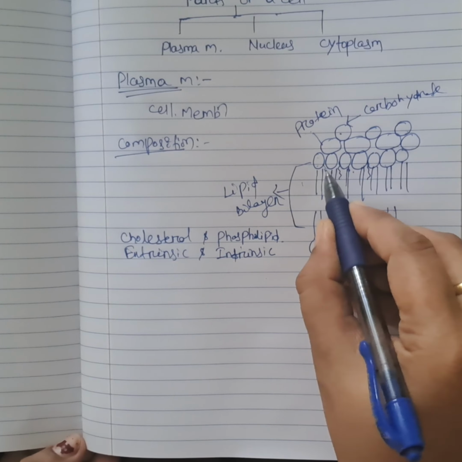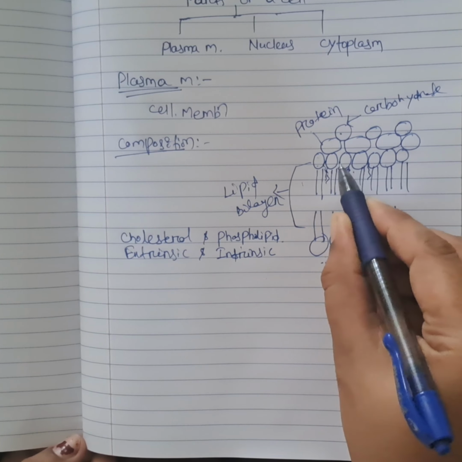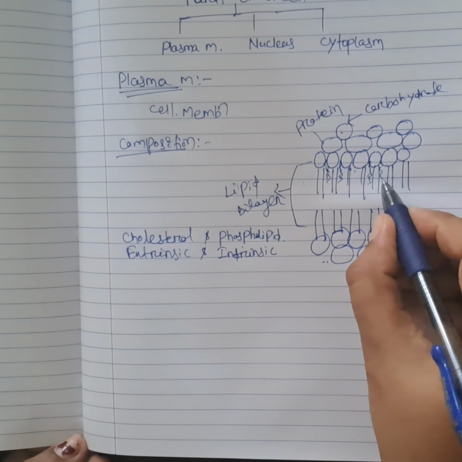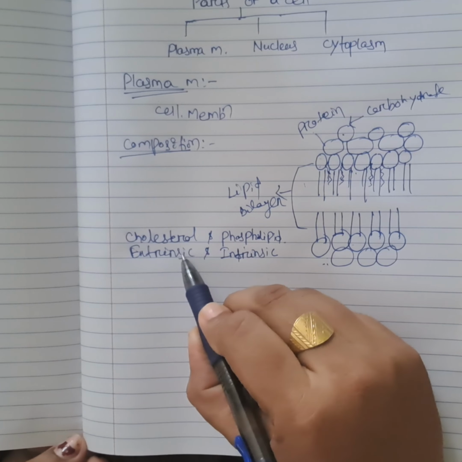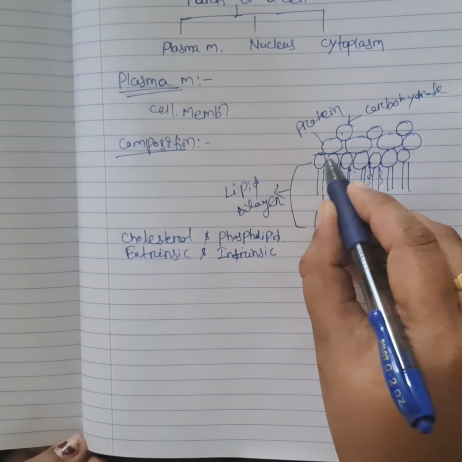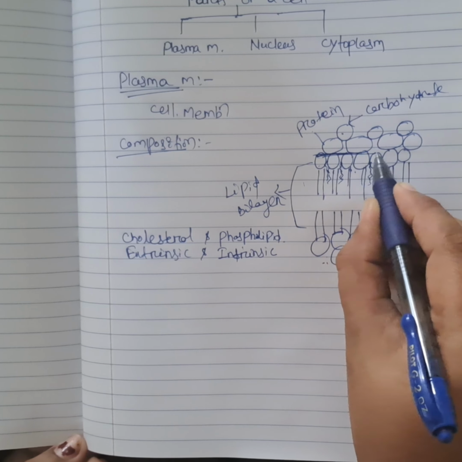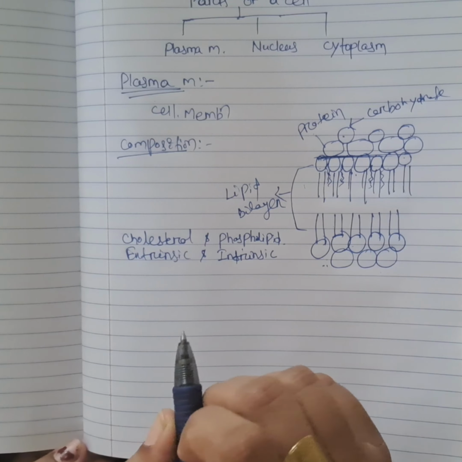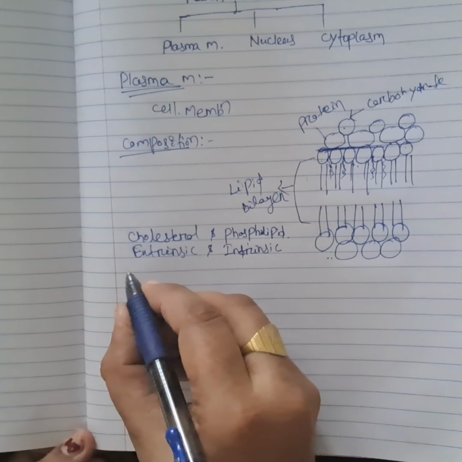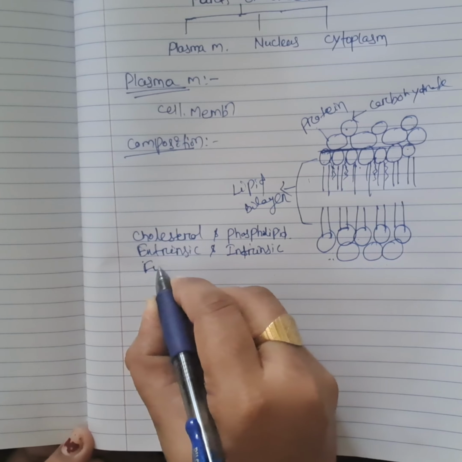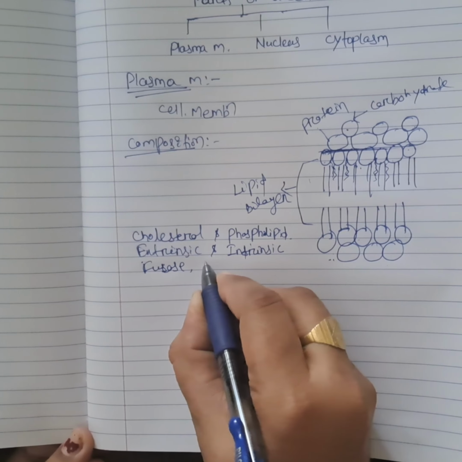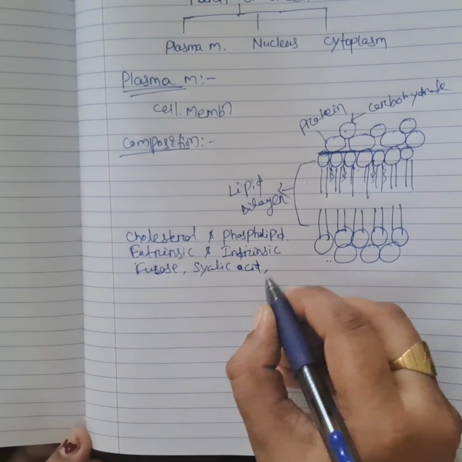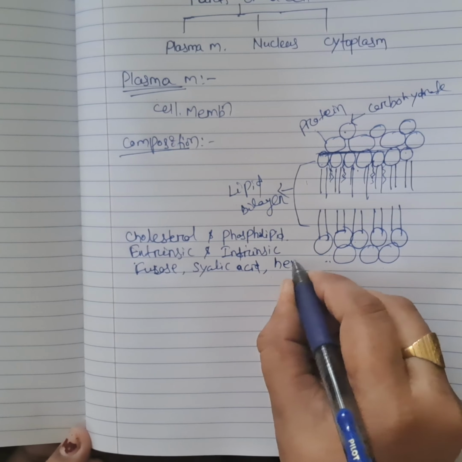The intrinsic proteins are completely or partially embedded within the lipid bilayer, while the extrinsic proteins are present in the outside layer of the lipid. And the carbohydrates present are fucose, sialic acid, hexamine and hexoses.